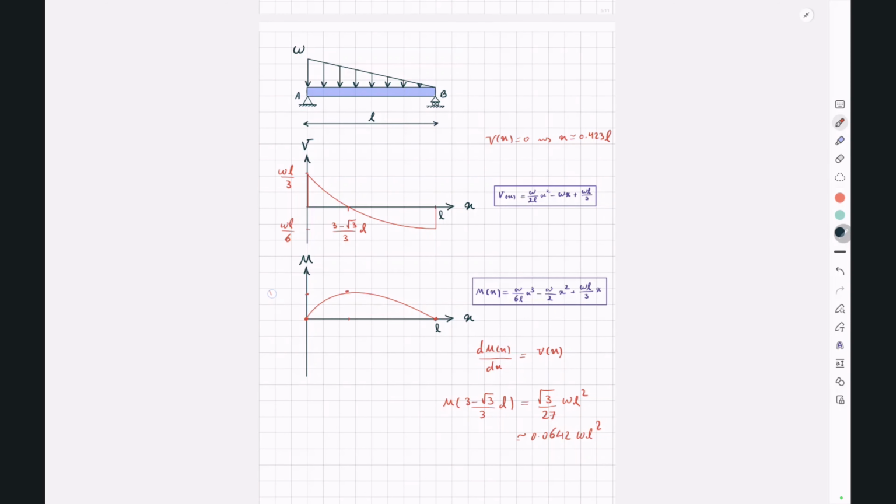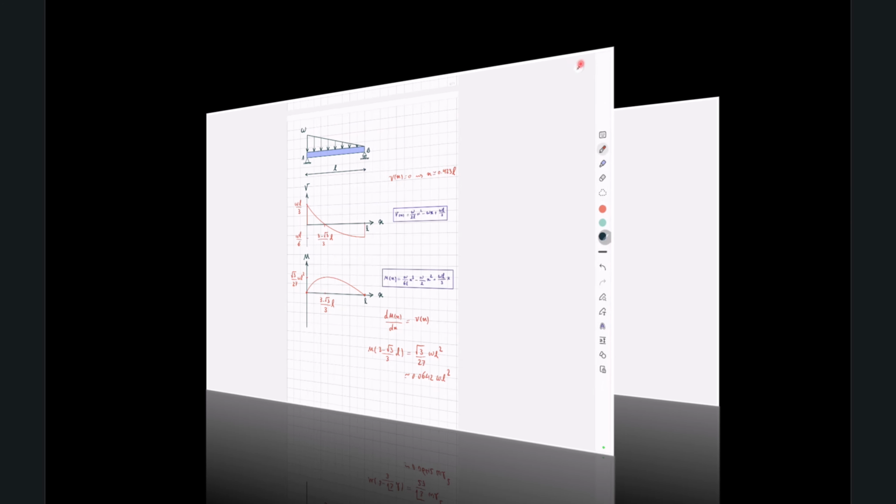So this is square root of 3 over 27 WL to the power of 2. This is (3 minus square root of 3) over 3 L. So our distributed load was linear, our shear force is quadratic, our bending moment is a cubic equation.